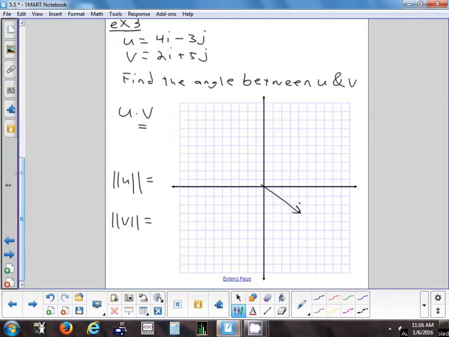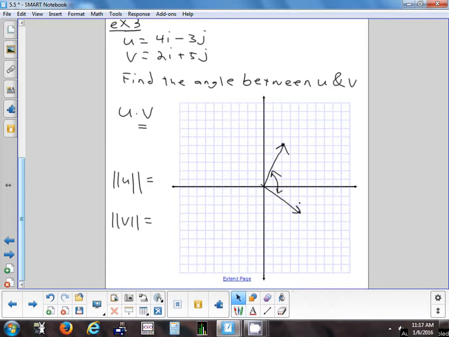The other one is 2i plus 5j. We are finding this angle right there, the angle between the vectors. If I drew it accurately, it looks like it's a little more than 90, maybe around 100. As we go through it, we'll see if that's what we get. Questions on what we're finding?